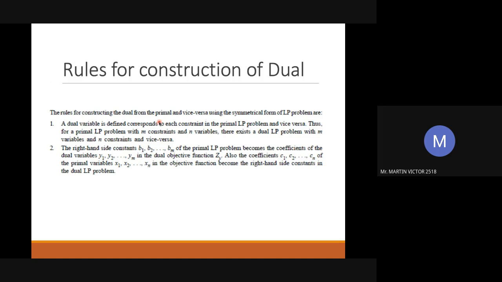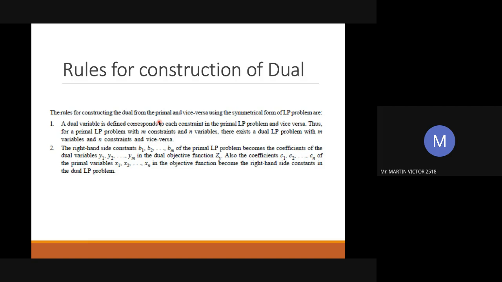Fine. So here there are some rules given for constructing this dual problem. I'll just quickly read some of the important points so that you can follow the same. So here are the rules for constructing the dual from the primal and vice versa using the symmetrical form of this linear programming problem.